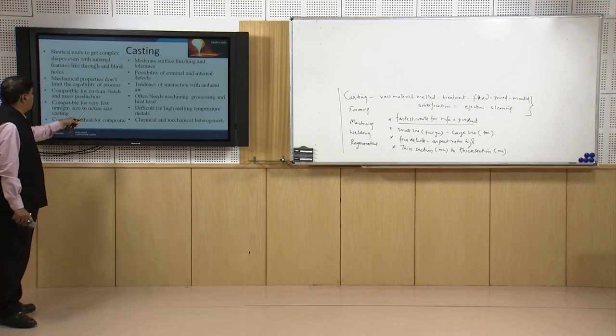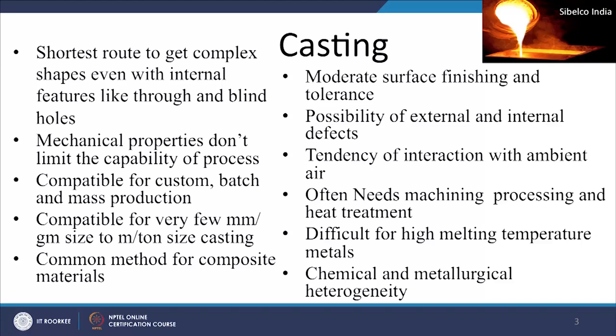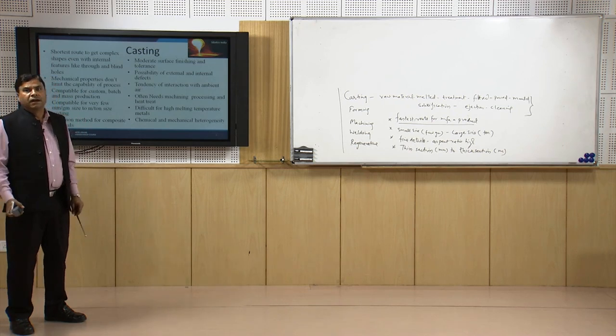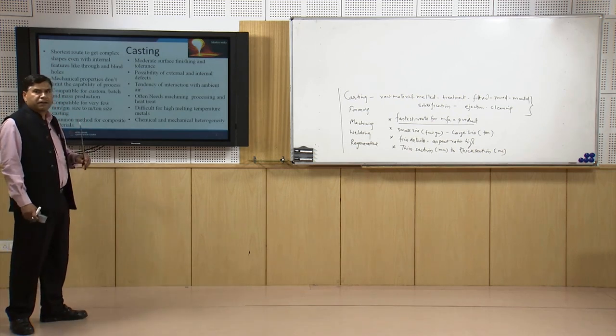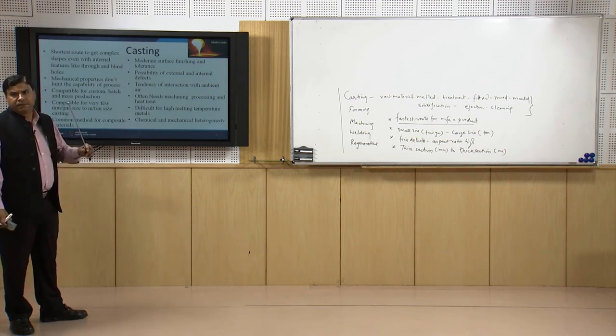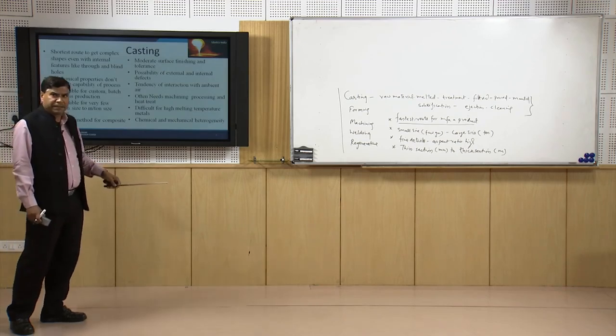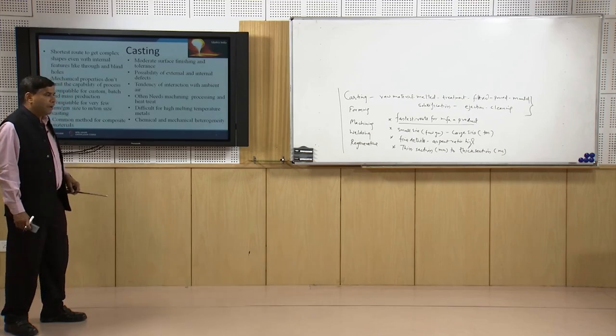So, mechanical properties do not limit the capability of this process, and it is compatible with custom, batch and mass production. This is important. We can make a very large casting as a single piece, or we can make a small batch of 10 or 50 products economically.